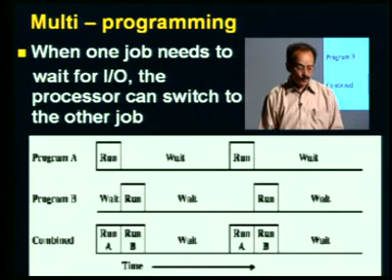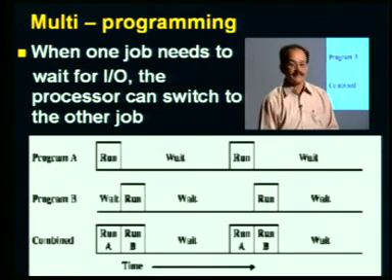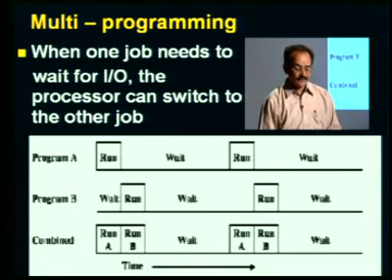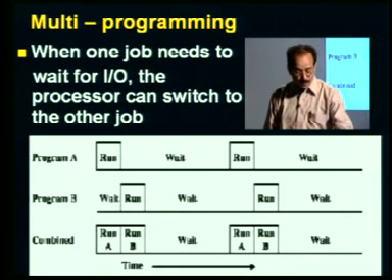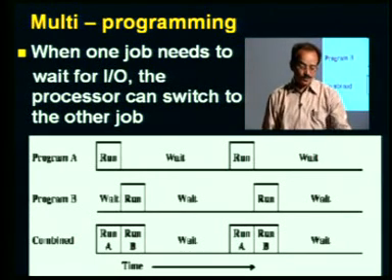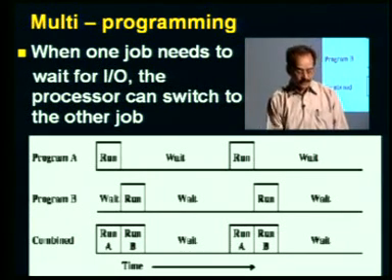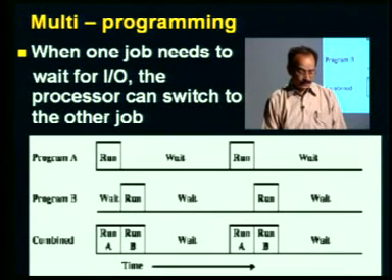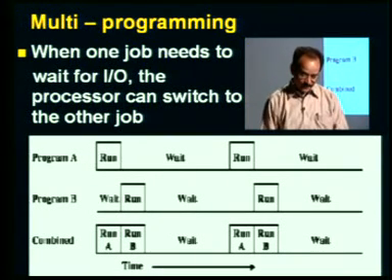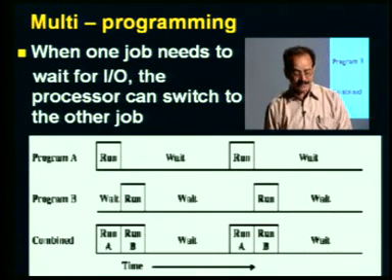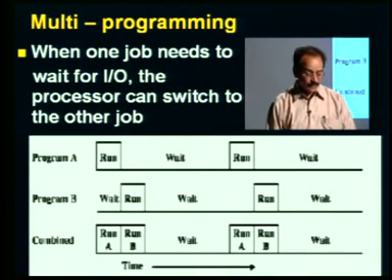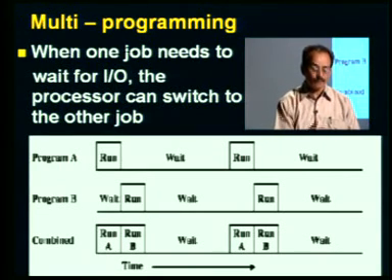Let us say there are two programs, program A and program B. Program A is running, and the moment there is some I/O, there is some wait, and again it will run, and again it will wait. Program B, let us say initially it is waiting, then it runs, then it waits, then it runs, then it waits. Now, what do we mean by combining them?